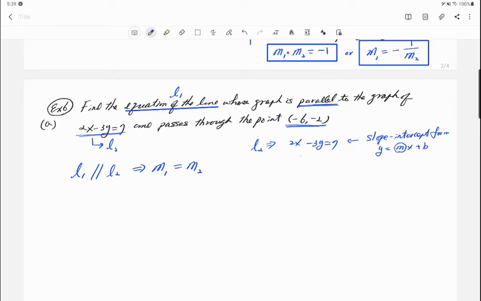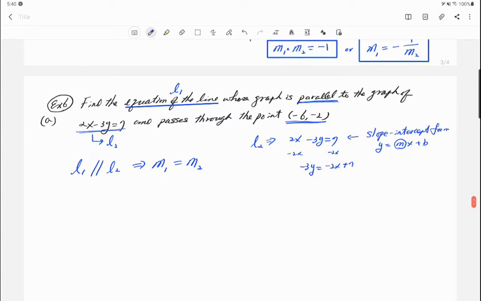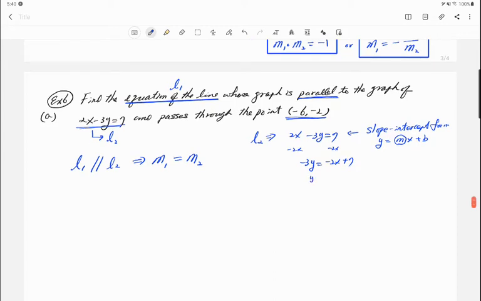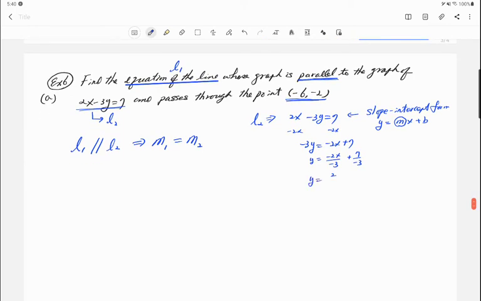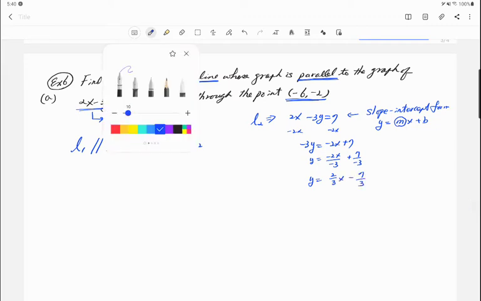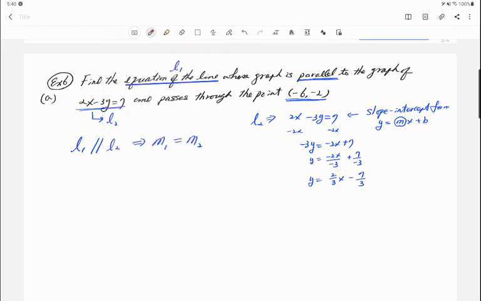So subtract 2x from each side: negative 3y equals negative 2x plus 7. Then divide each side by negative 3. Then y equals 2 over 3x minus 7 over 3. So what is the slope of the second line? M2 is 2 over 3.